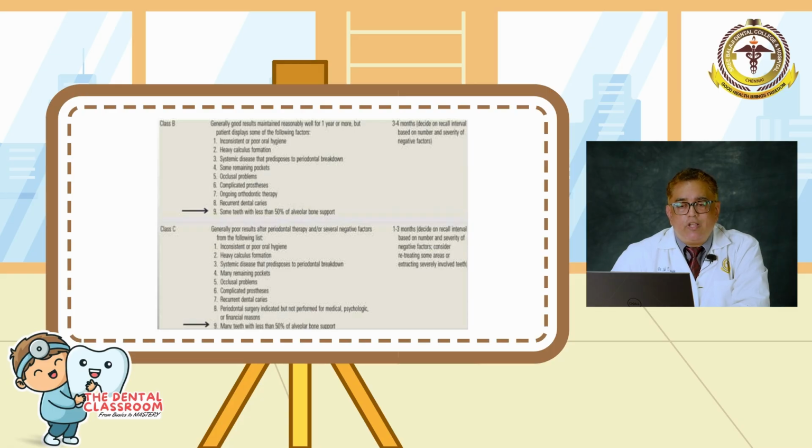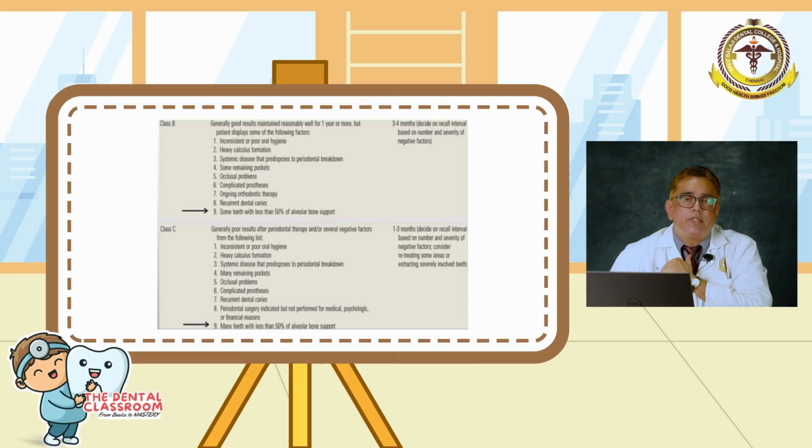Class B, we see generally good results in this condition. They are maintained reasonably well for 1 year or more, but the patient displays some factors like inconsistent or poor oral hygiene, heavy calculus formation, some residual pockets, occlusal problems, ongoing orthodontic therapy, and some teeth with less than 50% of the alveolar bone.